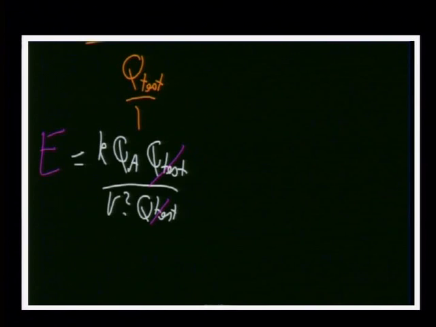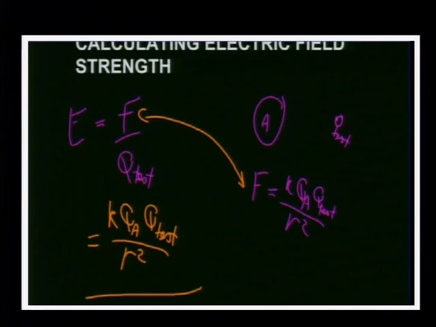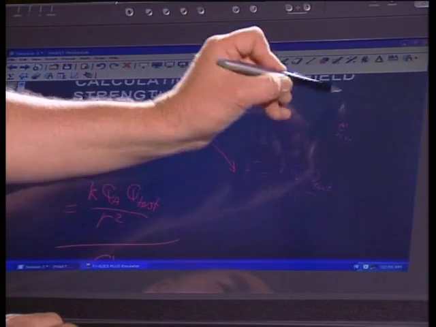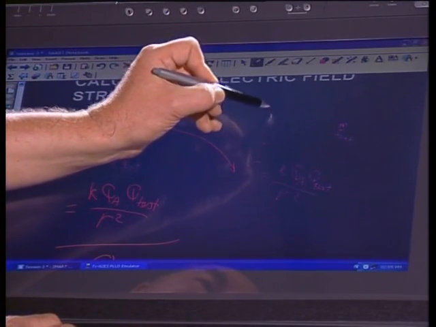So that gives us an expression for E, the electric field strength produced, the one that is being made. We wanted to know the electric field strength at that point, but what have we got? We've got the mother, the one that's making it.